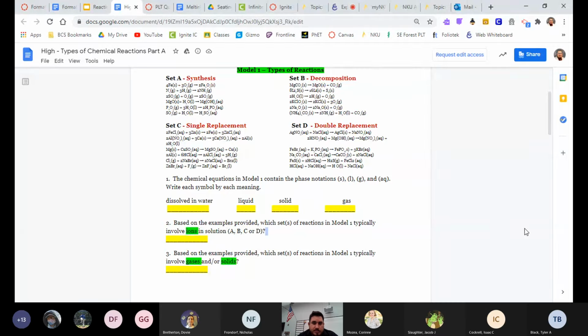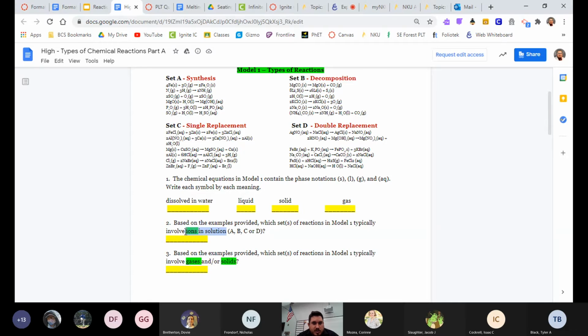There could be more than one answer there. So ions in solution.